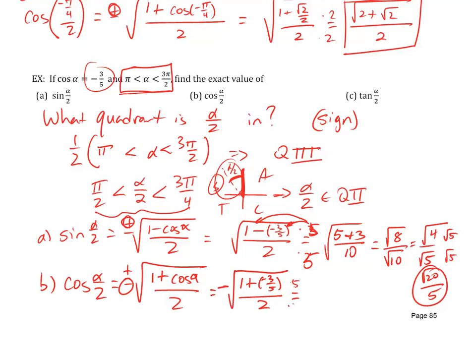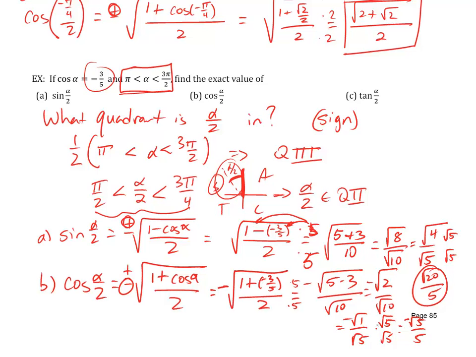Multiplying by 5 over 5, I get square root of 5 minus 3 over square root of 10, which is square root of 2 over square root of 10, which is square root of 1 over square root of 5. If I multiply by root 5 over root 5, I get root 5 over 5. And it's all negative. I've dropped the negative somewhere in there. All these are minus.